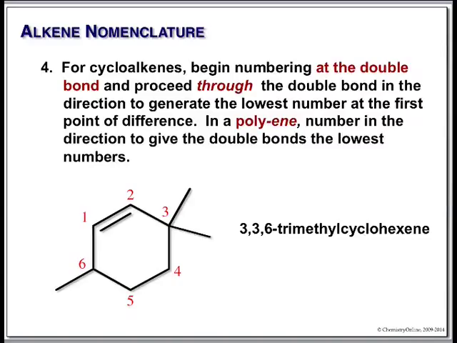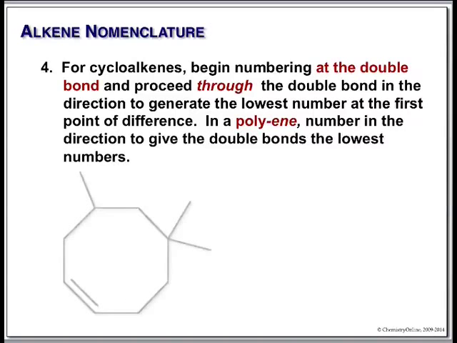You don't have to put the 1, because by definition, 1 and 2 have to be your alkene carbons. You only need to put in a number if you have more than one double bond. In a ring, 1 and 2 must be your alkene carbons.